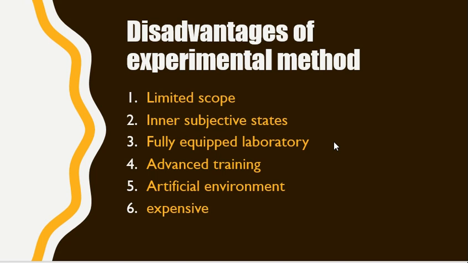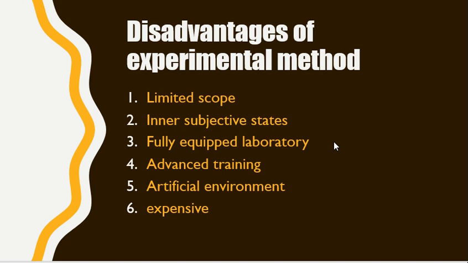Advanced learning, the experimenter has to be highly trained to apply this method. Experimenter should be trained. He should know when to introduce the independent variable, when to control the conditions, and when to debrief the clients, and so on. When the experimenter is not trained, we cannot get better results.